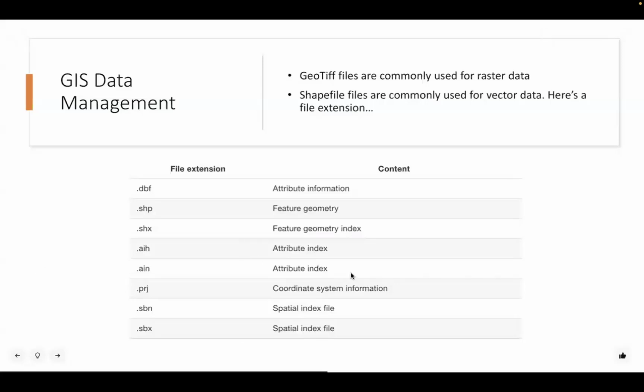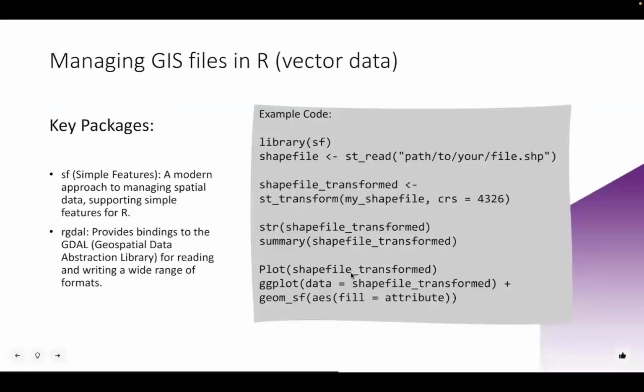So when managing these GIS files in R, remember this is vector data, there are normally two key packages that you would use, and this would be simple features, which is the sf package, and the rgdal package. The simple features package is a modern package for handling spatial data.